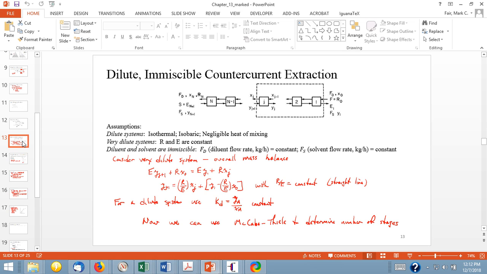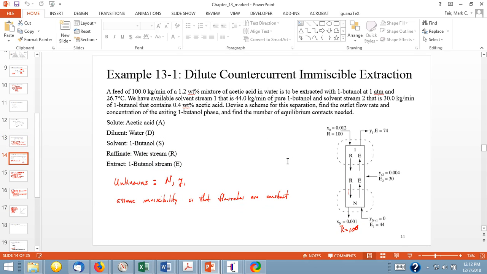Yeah, it's a little bit further on, so let me get to page 14. This is the problem I wanted. I wanted the acetic acid problem. Acetic acid, water, and butanol.